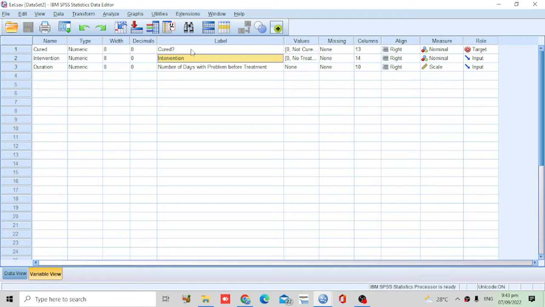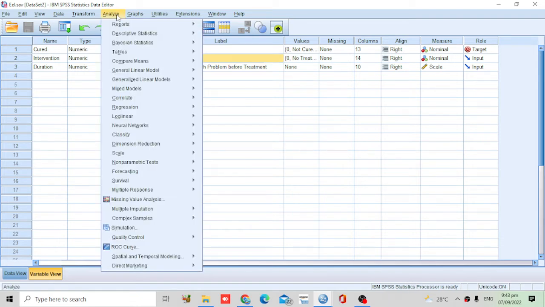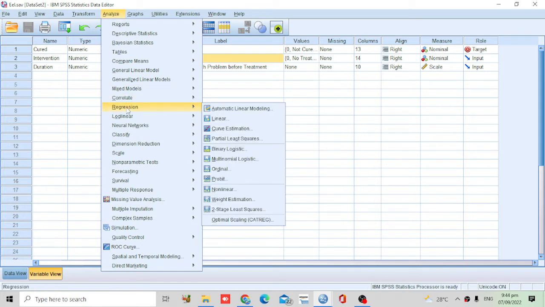They want to assess whether the intervention and number of days with problems can become predictors of patients being cured. So, yun ang intent ng case study nito. They want to use yung logistic regression in SPSS.